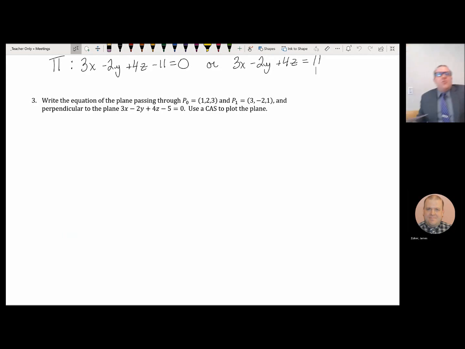So what we want to do for our plane, again, it doesn't directly tell us a normal vector, but we know that its normal vector is going to have to be perpendicular to <3, -2, 4>. We have 2 points in the plane.